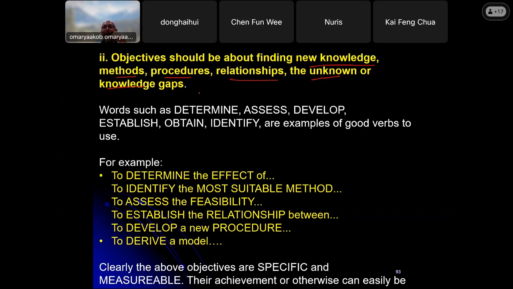Yes, the whole process is investigation and study. But specifically, you are going to determine, assess, develop, establish, obtain, identify. So that's why you see here, the verb is important. You have determine, the verb, and then this is the knowledge, the unknown.